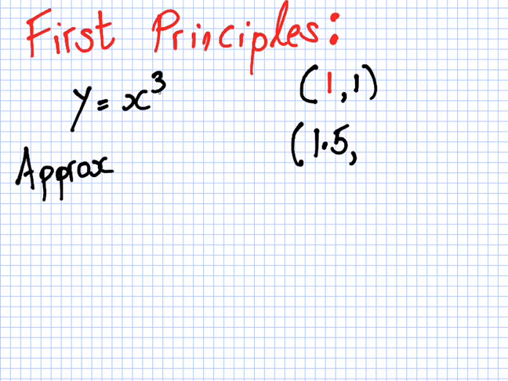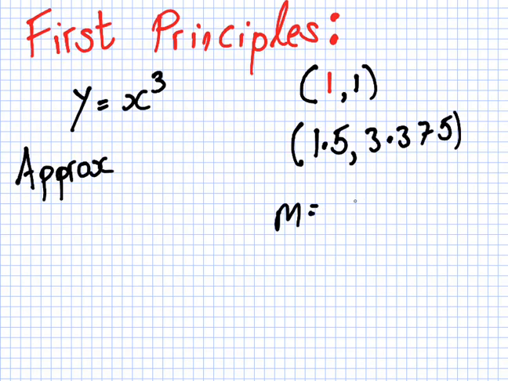What do you get? Well, let's see, it's 9 over 4, isn't it? 1.5, 3 over 2 cubed, 27 over 8. Is it? What's it as a decimal? 3.375.